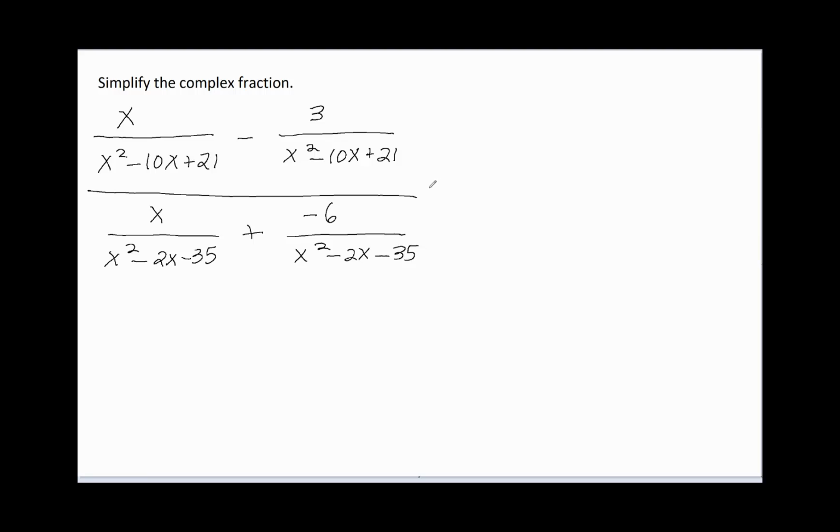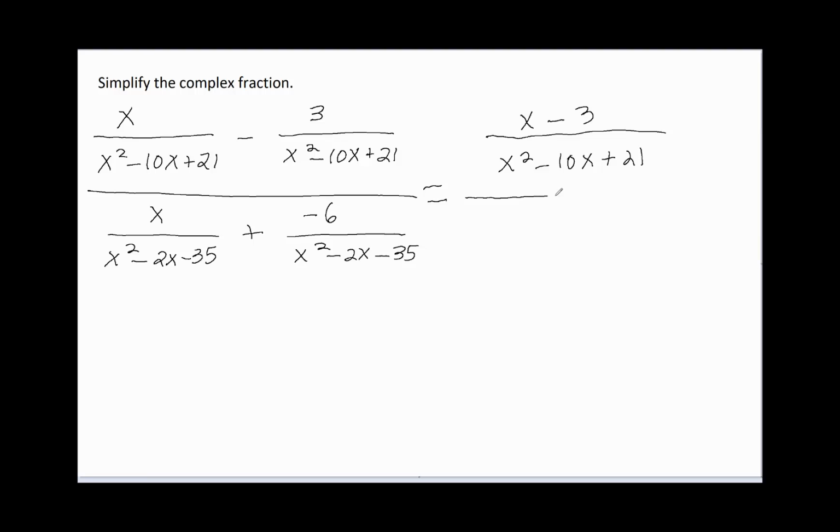So in this problem, the first thing you should notice is that the fractions in the numerator have a common denominator. So I can go ahead and combine my numerator and write it over the common denominator, x squared minus 10x plus 21.